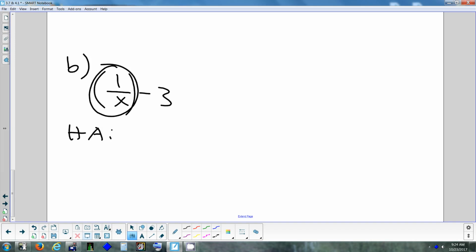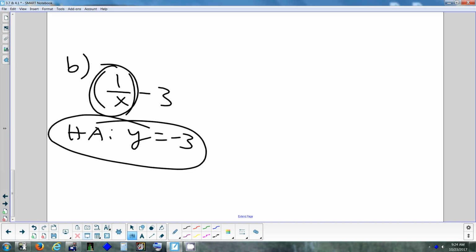If you take 1/1000th and subtract 3, you're going to get like -2.9999999, something like that. Or if you take -1/1000th and subtract 3, you're going to get -3.000001. Right, so it's getting very close to -3. So any question on how to find a horizontal asymptote?